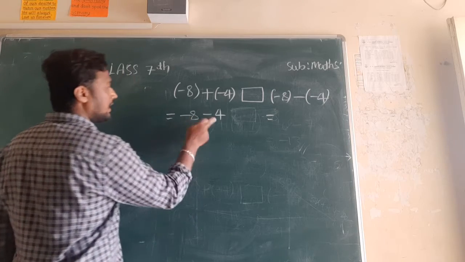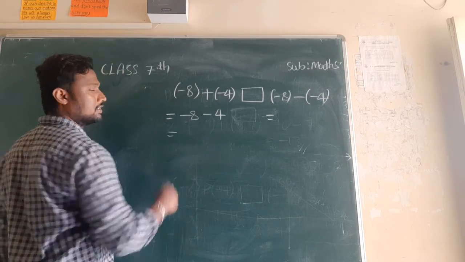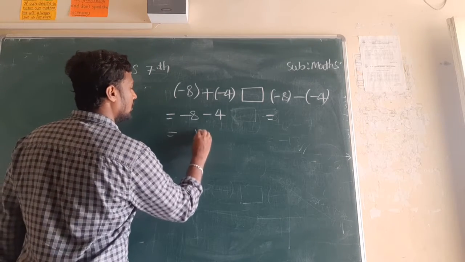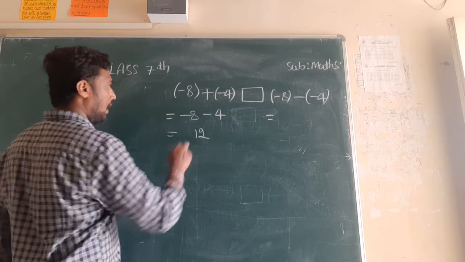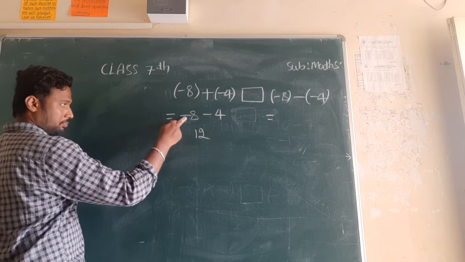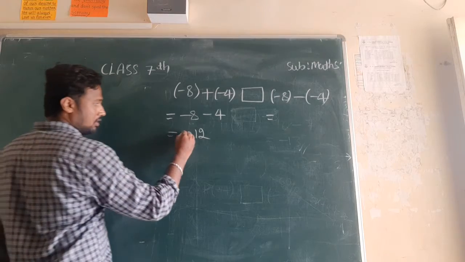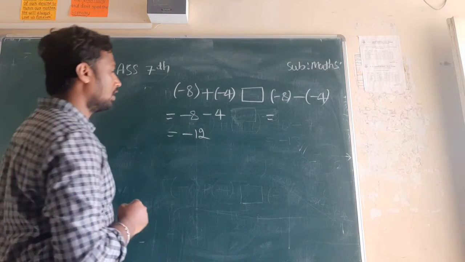Here minus 8 minus 4 means you have to add. So 8 plus 4 means 12. And the sign in front of the bigger value is minus. 8 is greater than 4 and the sign in front of 8 is minus. Therefore we got minus 12.